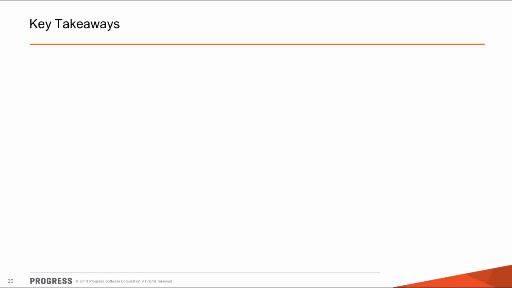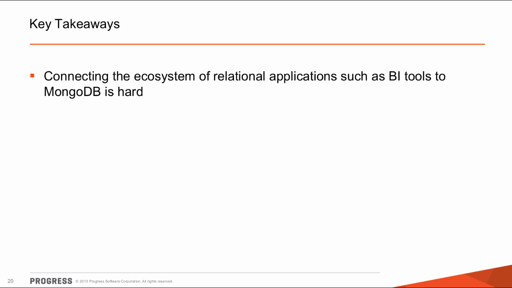So what are the key takeaways that I'd like you to leave our webinar today with? First, connecting these worlds, connecting the ecosystem of relational applications, such as analytics and BI tools, to the world of NoSQL and MongoDB, it's hard, and there's pain there.